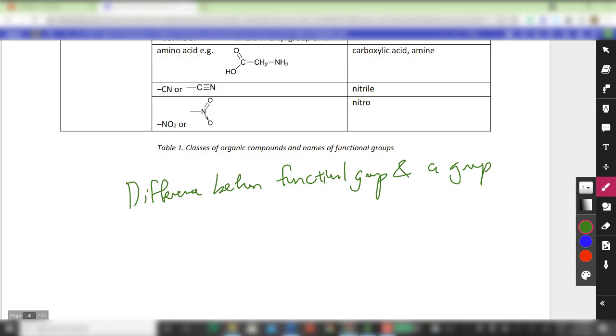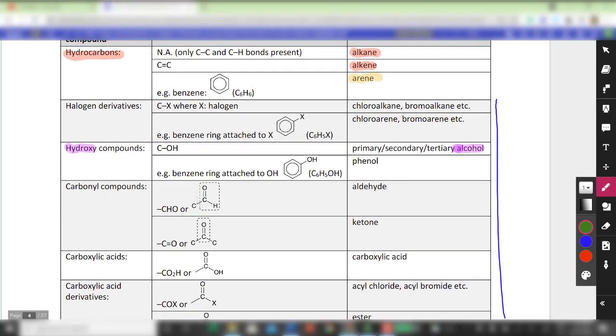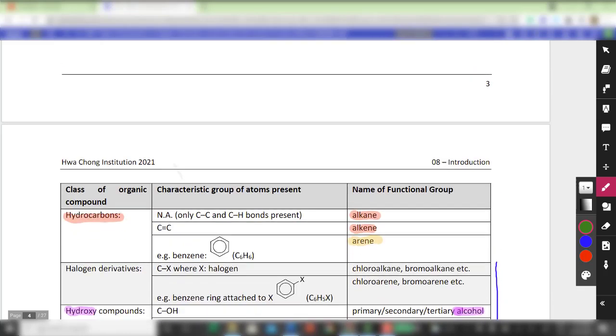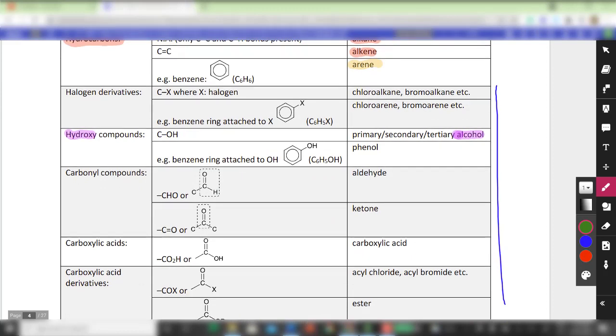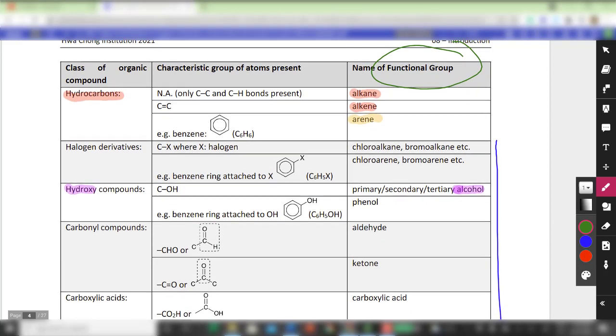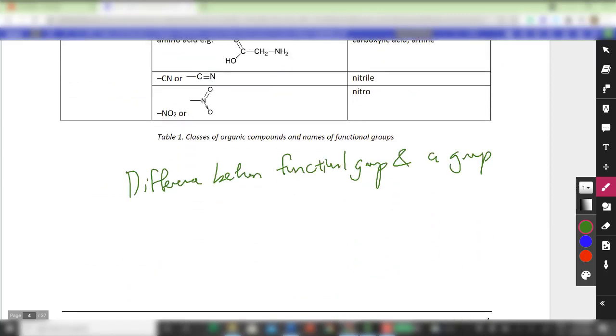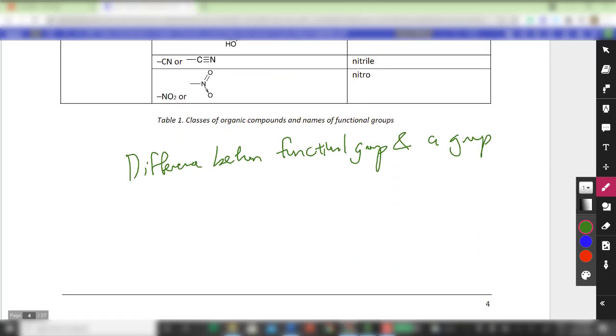So a functional group is clearly defined by what we have here. These are the names which we clearly define those groups. If it's a ketone, it's called ketone. If it's a carboxylic acid, it's carboxylic acid. It has some historical origin. So in that case, we call this a carboxylic acid, but we do not call this a hydroxyl.